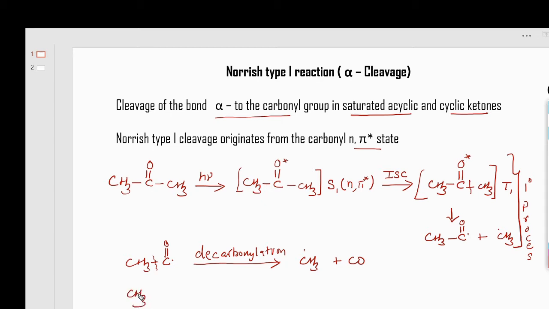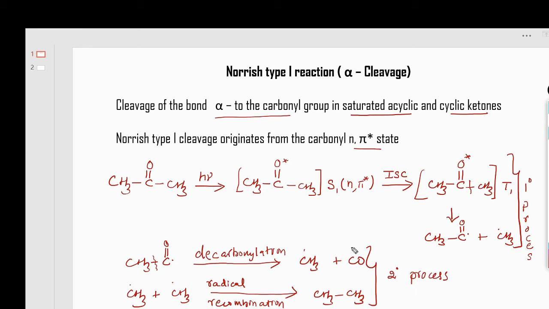Now two methyl radicals can undergo radical recombination to generate a stable compound. In this case it is ethane, and these two processes we refer as secondary process. So Norrish type 1 cleavage of acetone, the main product is ethane.